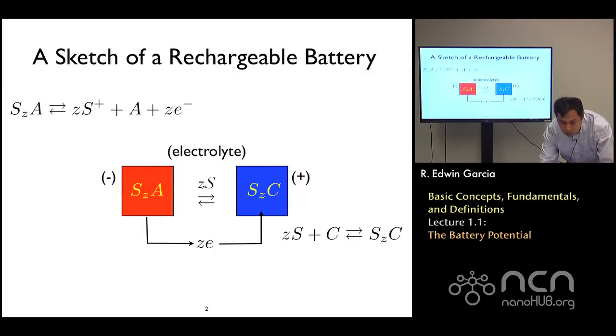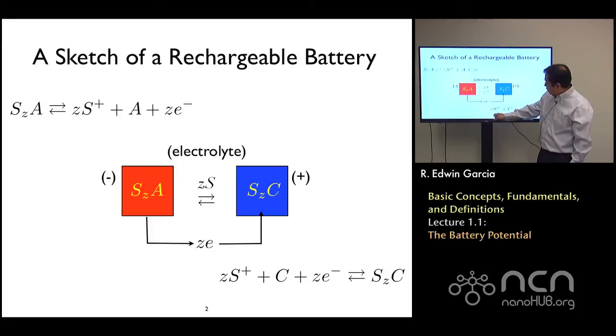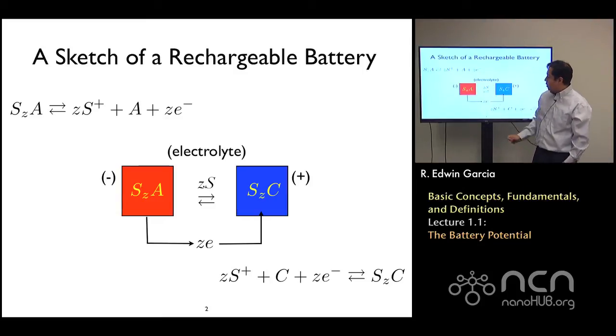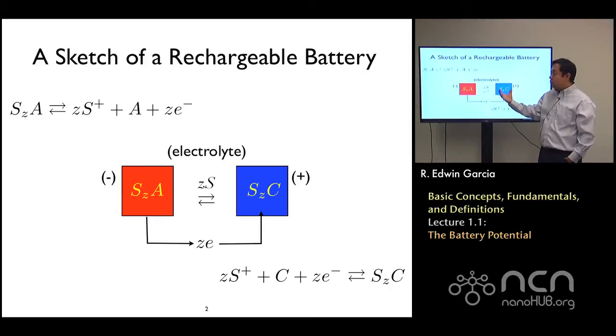On the cathode side, you have the complementary reaction, and you have those Z ions reacting also with those Z electrons that didn't go through the metal, but instead went through the load, and we put them back into the hosting lattice. Most batteries do this.